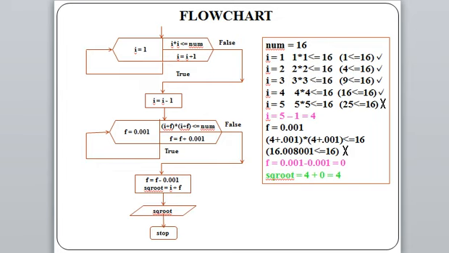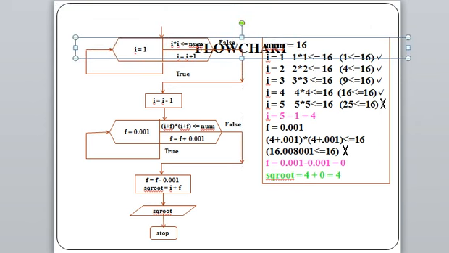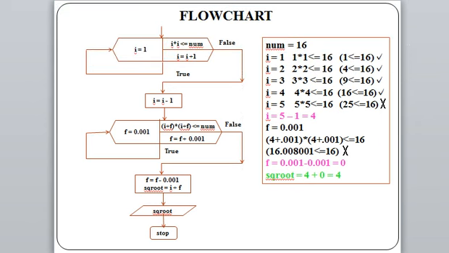Similarly, you can see this part here is used to compute the square root of the integer part. And similarly this part is used to compute the square root of the fractional part.